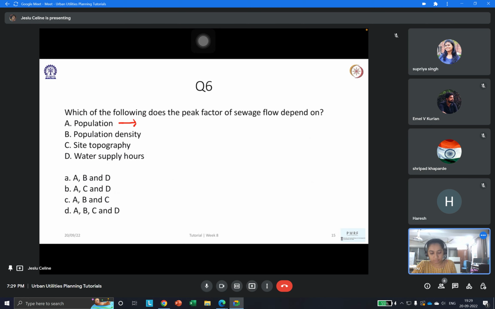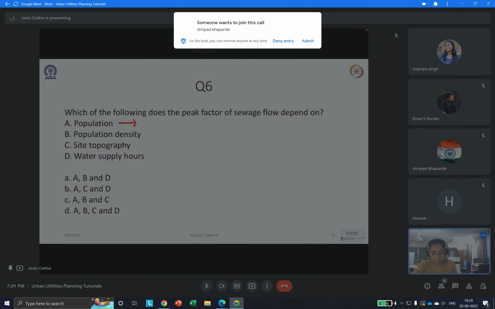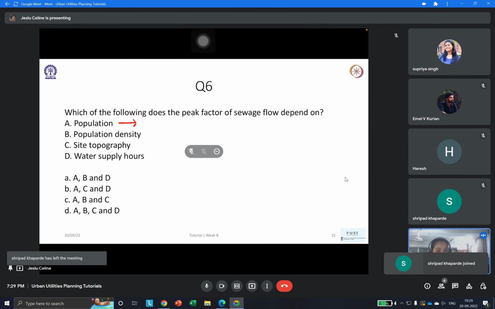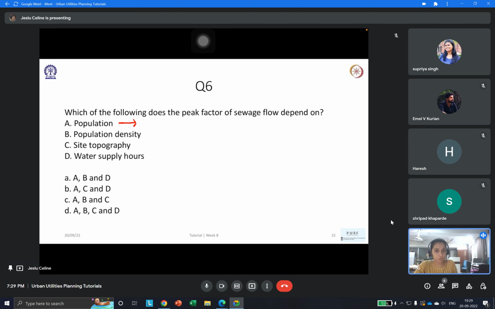So population, yeah, it is important because as the population increases, then more sewage will be generated. So the peak factor of flow depends on it. Population density also matters, because in a region, if more people are concentrated, then the sewage flow coming from that region will also increase.